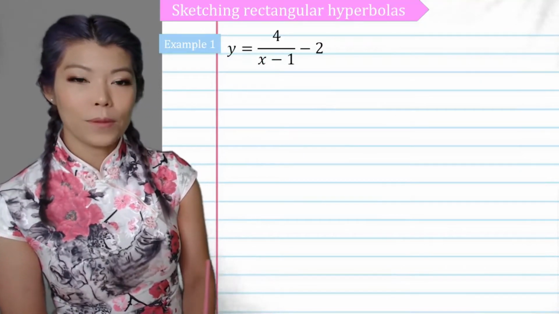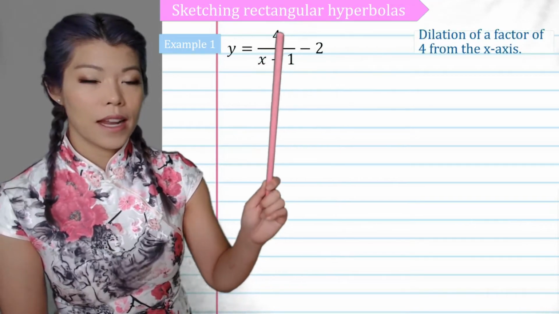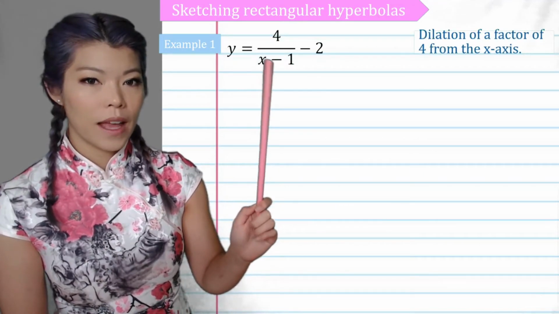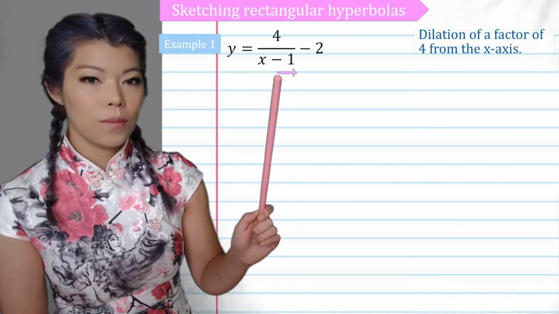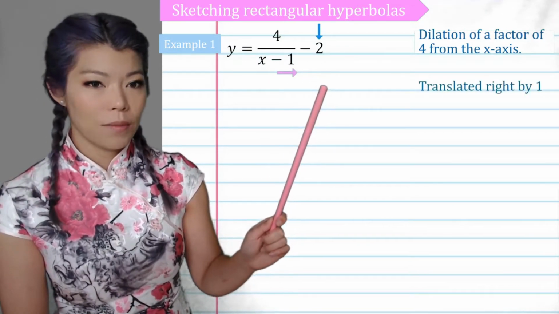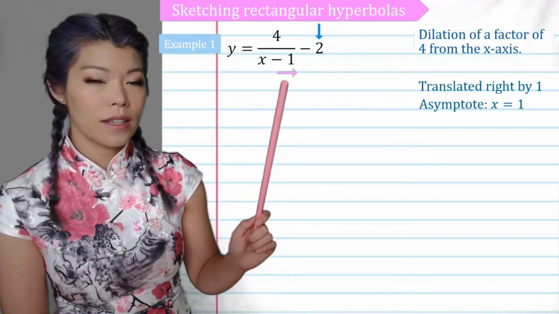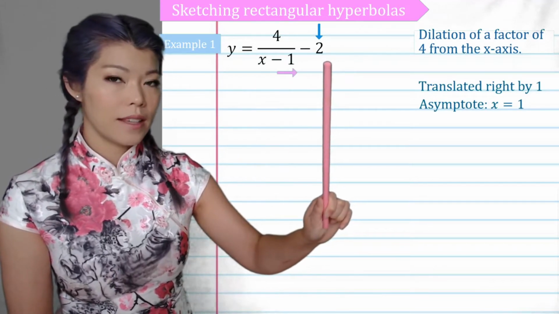Let's do an example. Sketch this. So here we can see that there's a dilation factor of 4 from the x-axis, and it has been translated to the right by 1, and translated down by 2. So translating to the right by 1 means our asymptote is now x equals 1.